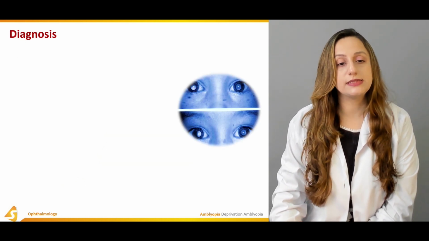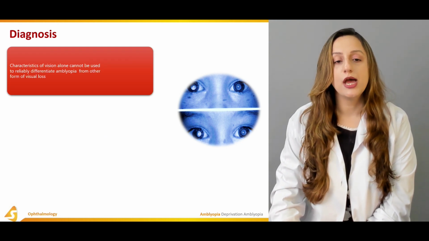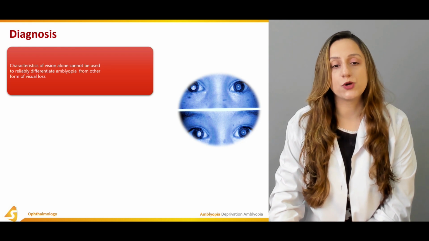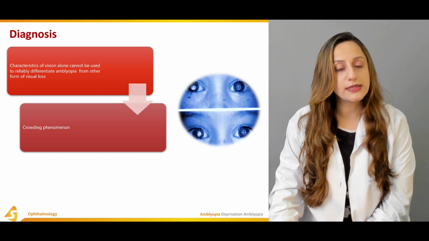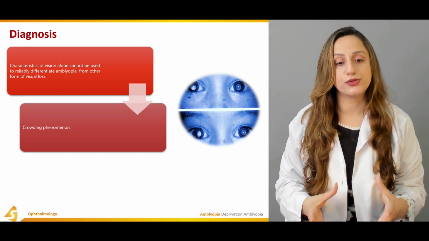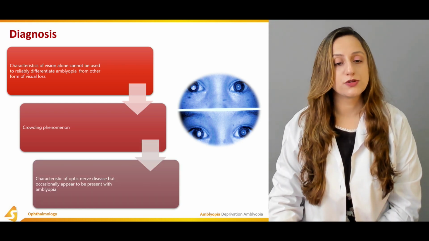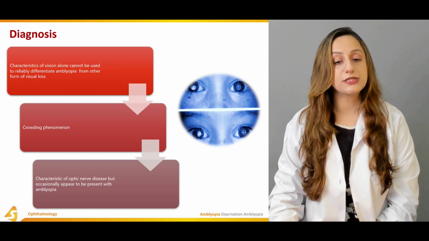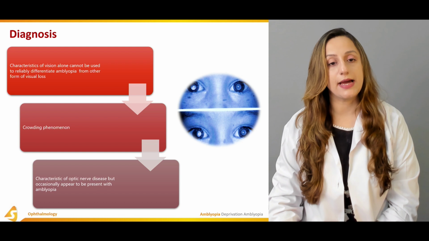of amblyopia. The diagnosis, again: the characteristics of the vision alone cannot be used to reliably differentiate amblyopia from other forms of visual loss. The crowding phenomenon, where we have multiple images forming on the retina, is also observed over here. The characteristics of optic nerve disease can occasionally appear to be present with amblyopia.